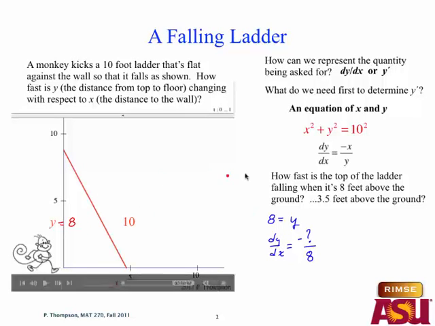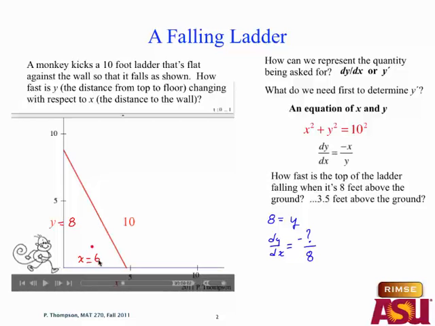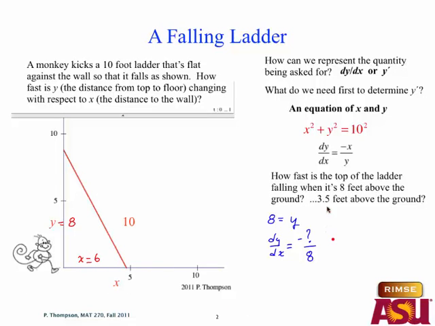Pythagorean theorem, right? So at this moment, when y equals 8, according to our original relationship, we can find what x is. 10 squared equals x squared plus 8 squared, and x turns out to be 6. So when it's 8, the rate of change is negative 0.75.